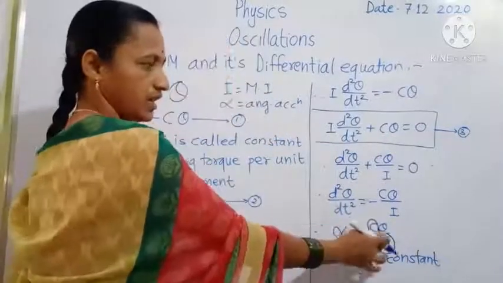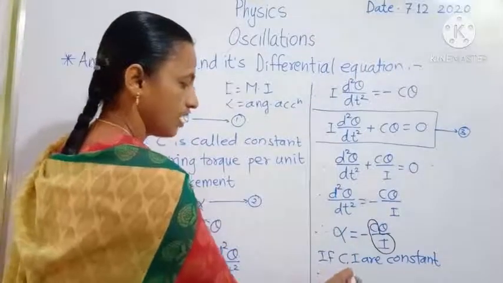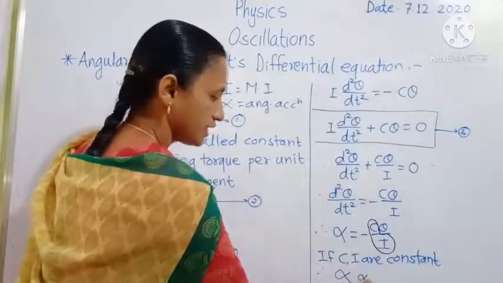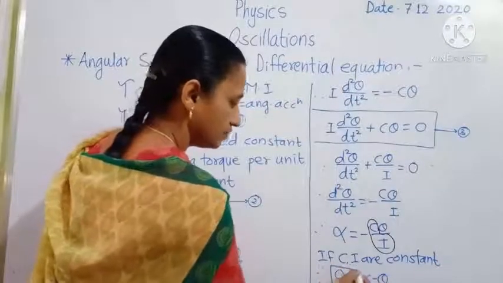If c and I are constant, then alpha is directly proportional to minus theta.